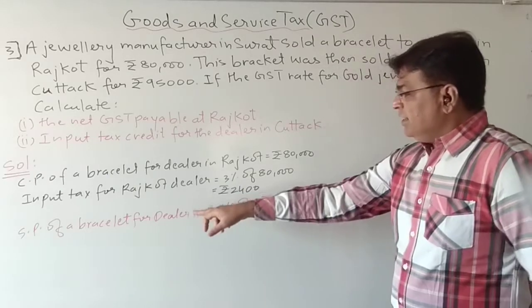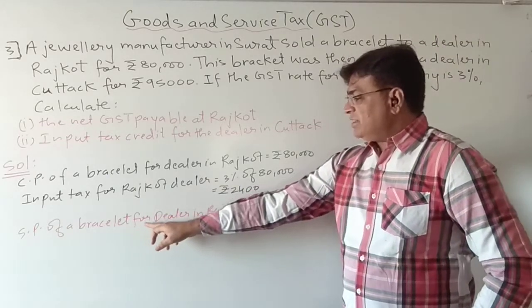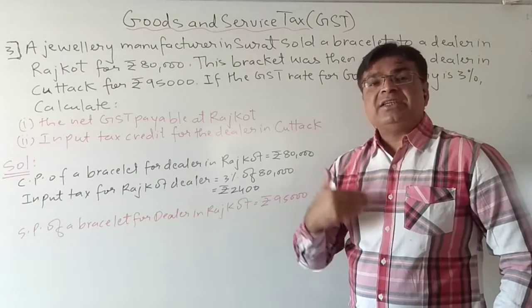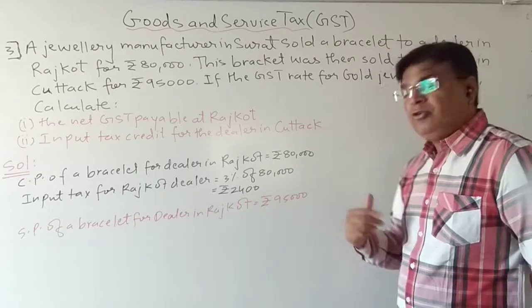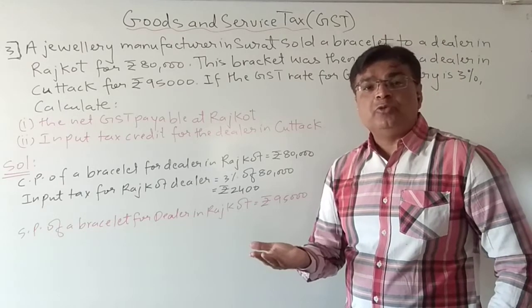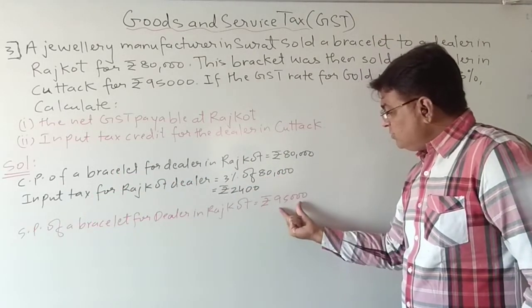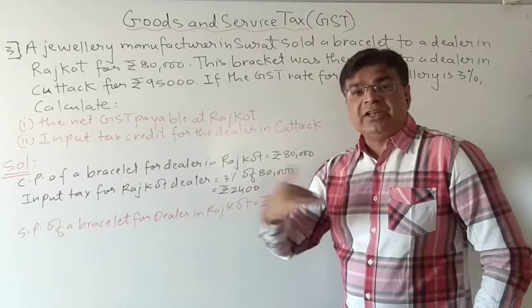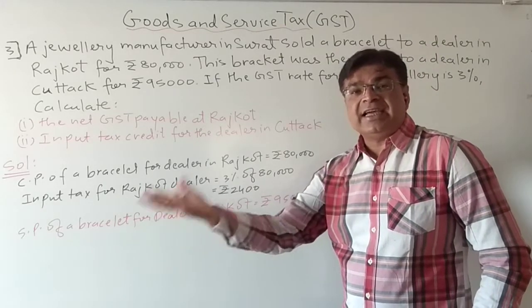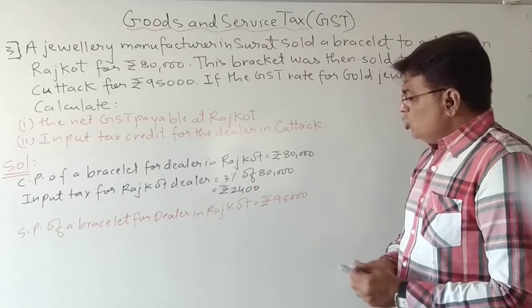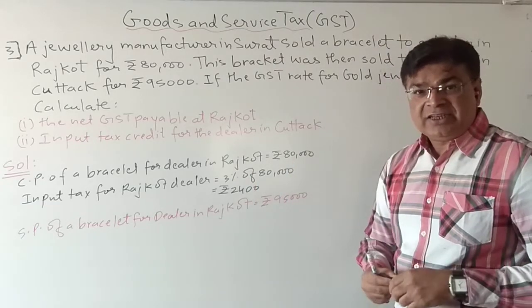So see, the selling price of a bracelet for the dealer in Rajkot. The dealer in Rajkot is selling this bracelet for rupees 95,000 to the dealer in Cuttack. Whenever selling the product, the tax which is collected is called output tax. So he will collect the tax from the retailer.